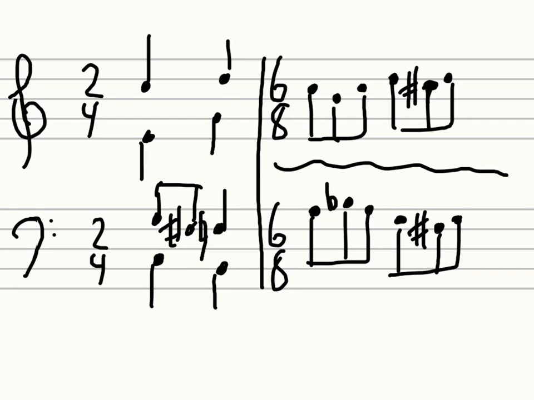One of the reasons that we don't use the chromatic upper neighbor quite so much is that the ear isn't quite sure whether I'm hearing this passage in C minor or in C major. But nevertheless, if we had a chromatic neighbor, here the upper neighbor would be B flat. Over here, the chromatic lower neighbor to G would be F sharp.